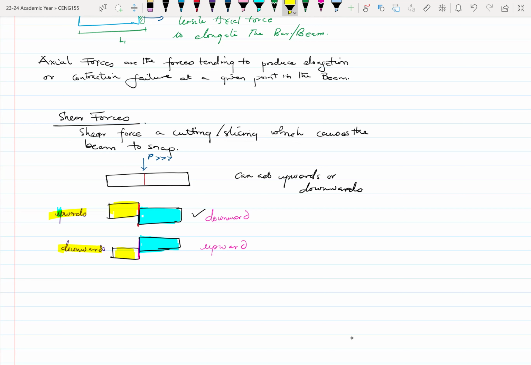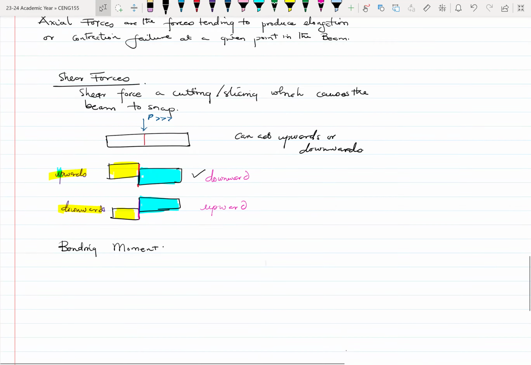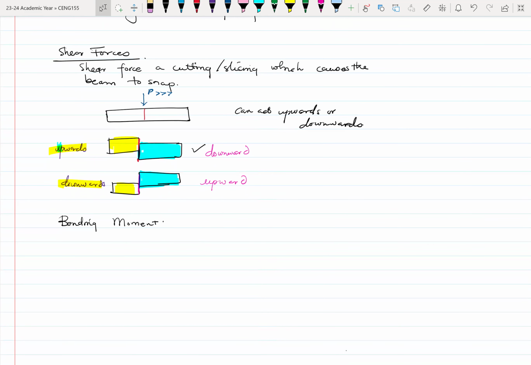The other concept will be the bending moment. Usually when you subject a beam to any load, it deforms.